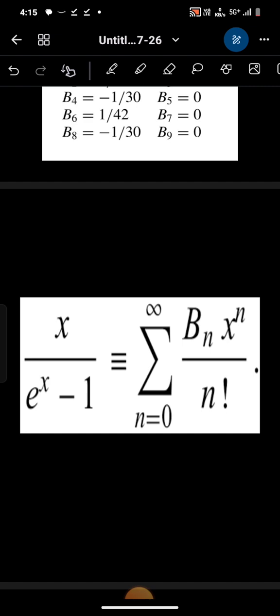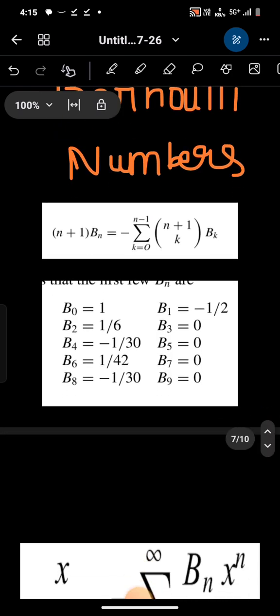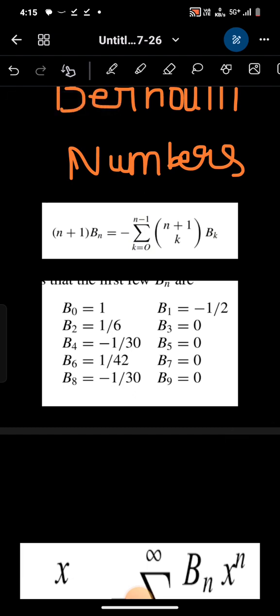So the first few Bernoulli numbers can be calculated as B0 equal to 1. The second Bernoulli number, denoted by B1, is minus 1 by 2, and the next Bernoulli number, denoted by B2, is 1 by 6, and the next, B3, is equal to 0, and we go on forever.